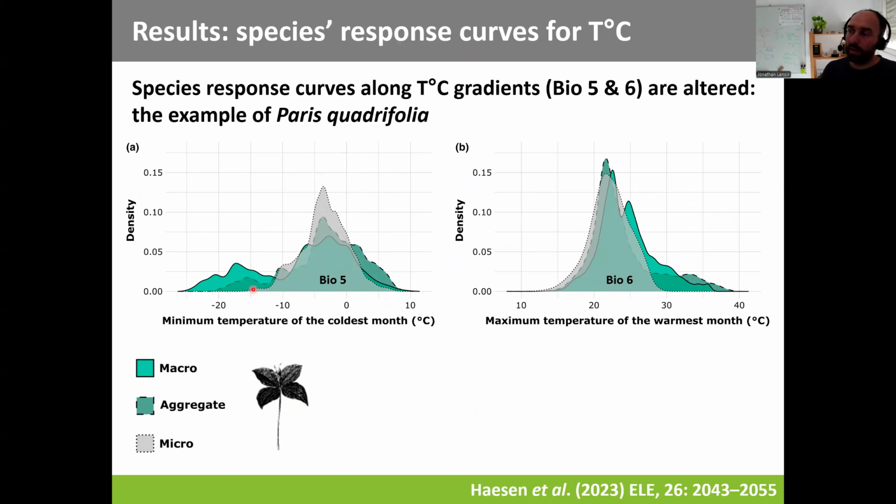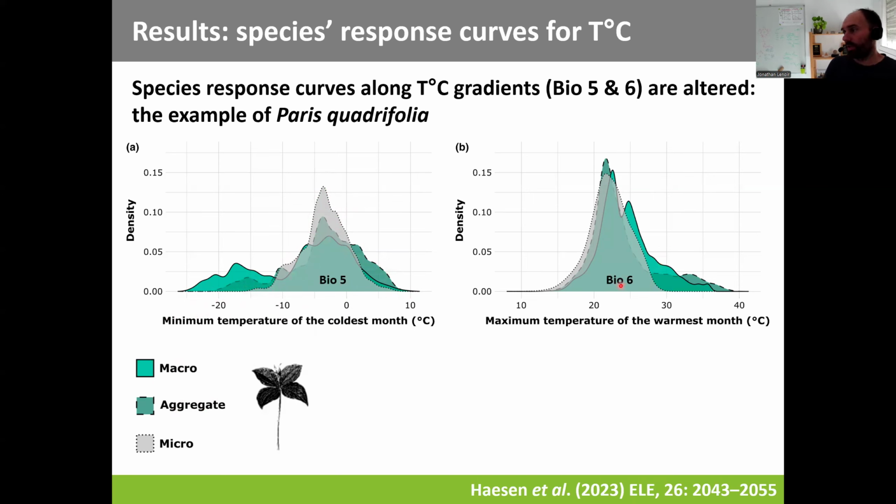You can see that the density values of the different occurrences that have been predicted show that microclimatic layers, so the prediction from SDMs with microclimatic conditions at 25 meter by 25 meter resolution, provide a range of values that is much narrower than what we would get with macroclimate or with an aggregate version of microclimate, here in the dotted lines.